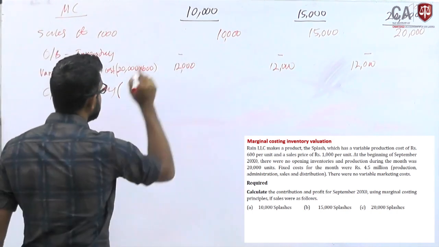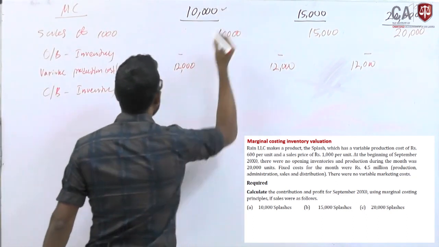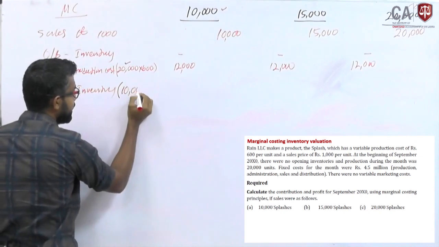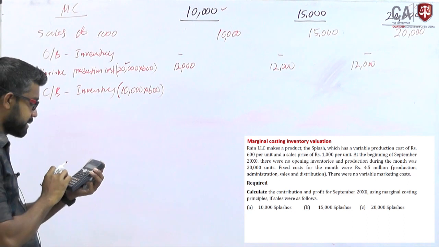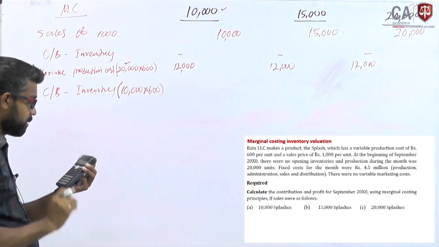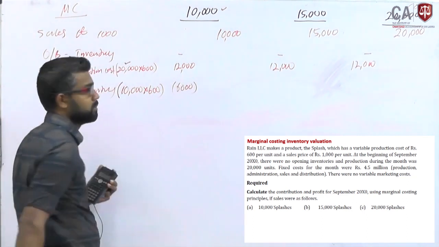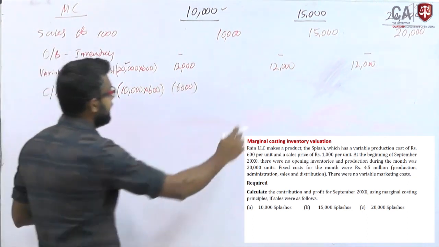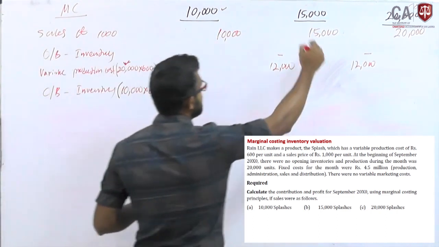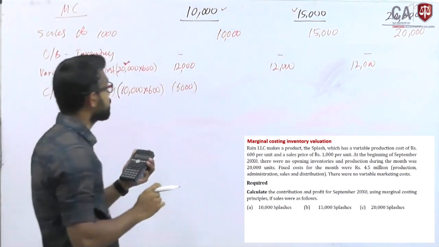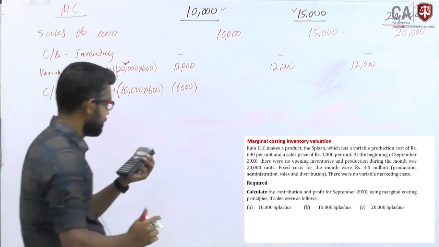Closing inventory, first scenario: production 10,000, sales 10,000, which means closing inventory 10,000 units, at prime cost 600, closing inventory 6,000. Correct, no? Here production 20,000, sales 15,000, which means closing inventory 5,000, 5,000 into 600, 3,000.